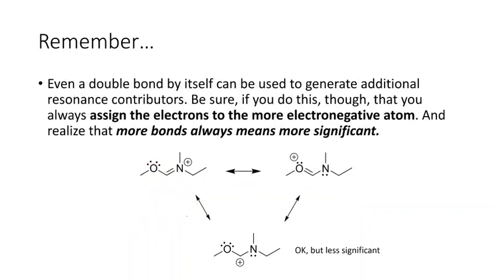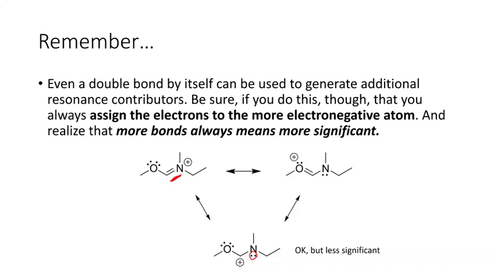And even a double bond by itself can be used to generate additional resonance contributors. But be sure, if you do this, that you always assign the electrons to the more electronegative atom of that double bond. So in this case, for example, here we have a carbon-nitrogen double bond. We always want to put those electrons on the nitrogen, not the carbon. Carbon is less electronegative, so we're going to end up with the positive charge on that carbon in this case.